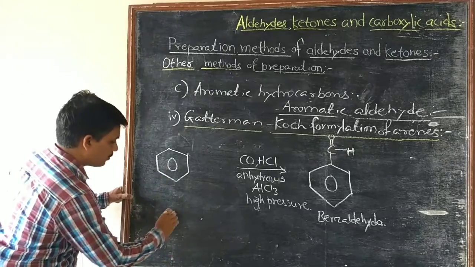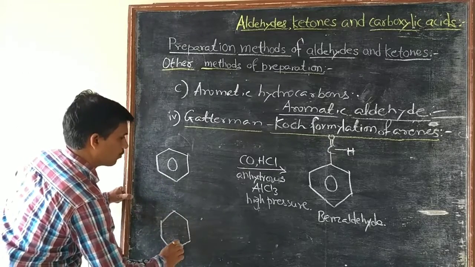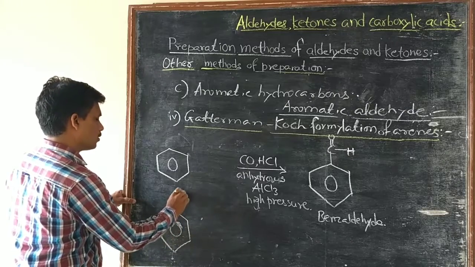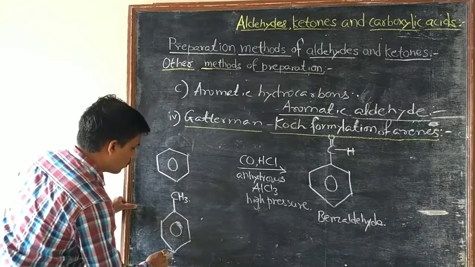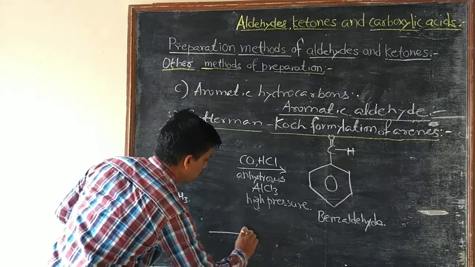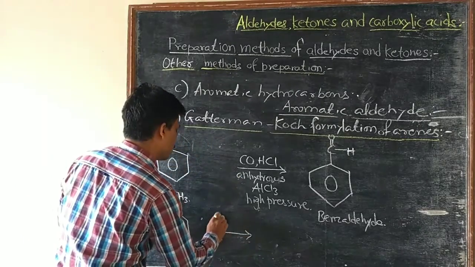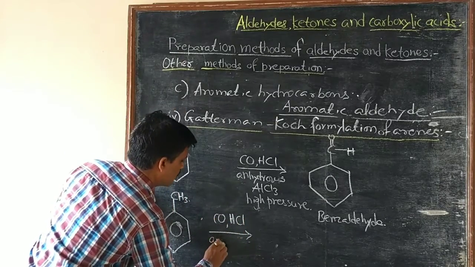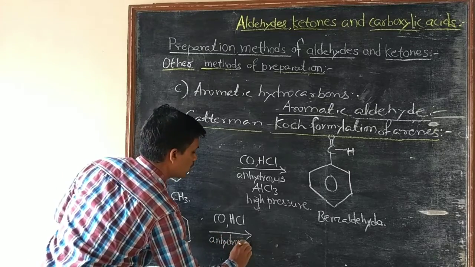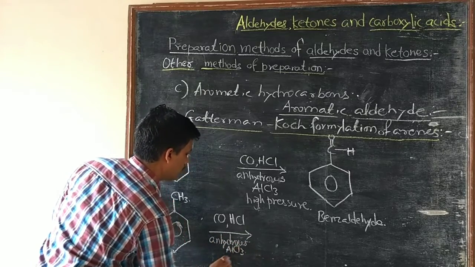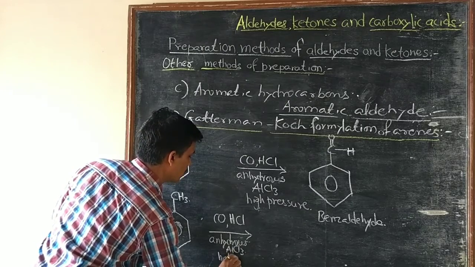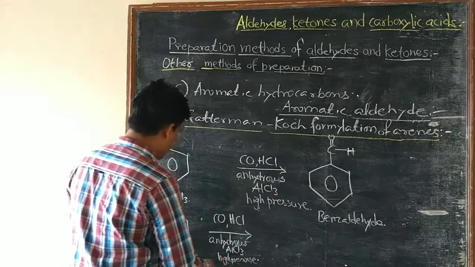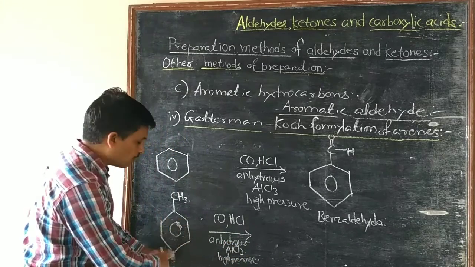For example, when toluene is treated with carbon monoxide in presence of hydrogen chloride and in presence of anhydrous AlCl3 and under high pressure, it gives its aldehyde. That is, the aldehyde group goes to the para position.